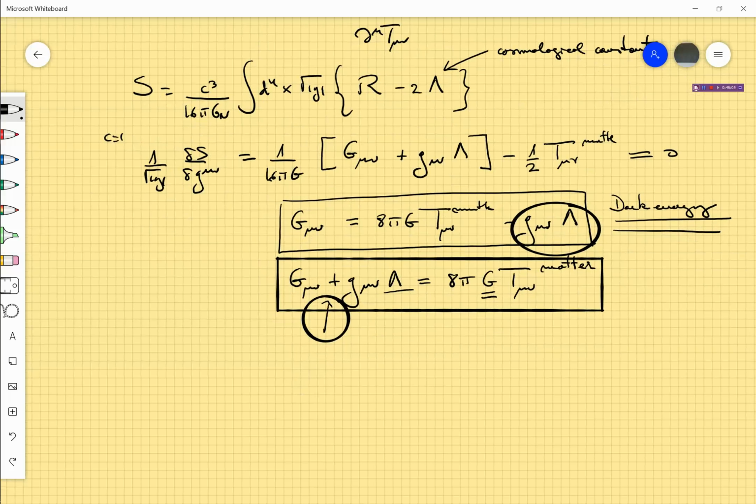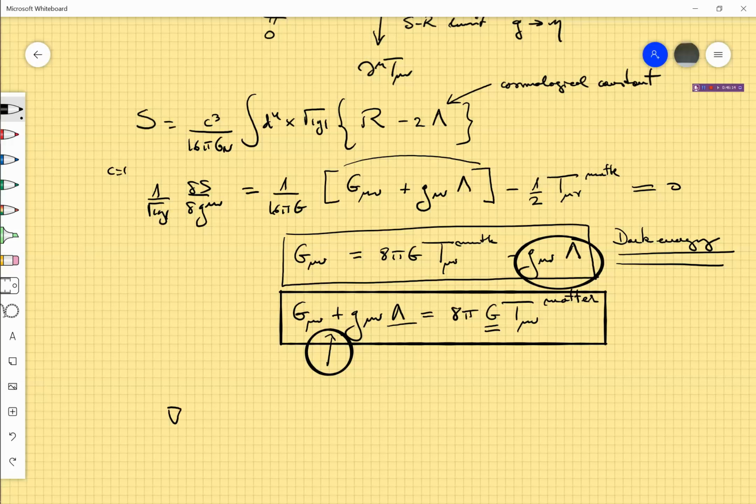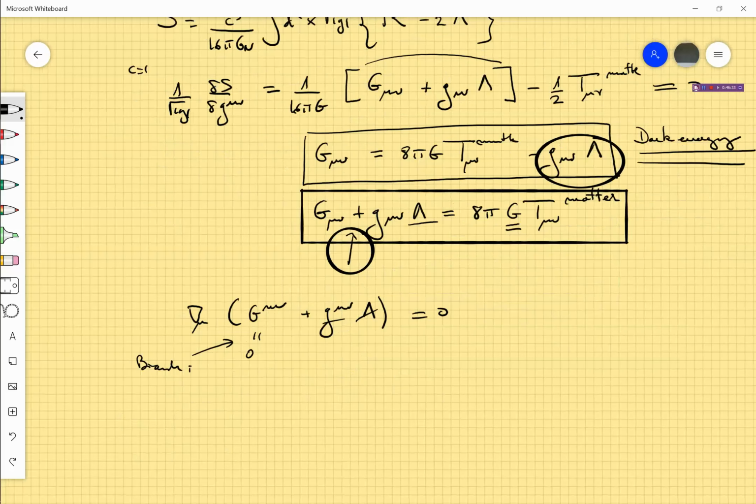On the other hand, since now the equation of motion of the gravitational part is just this, observe that the property that the covariant divergence of this is 0 still holds trivially. Okay, this is 0 trivially because of the contracted Bianchi identity, and this because this is a constant and the metric is covariantly constant.